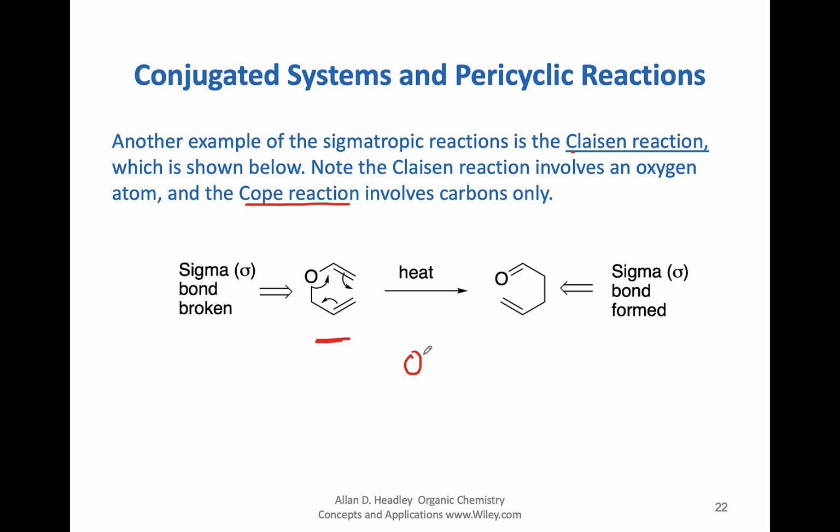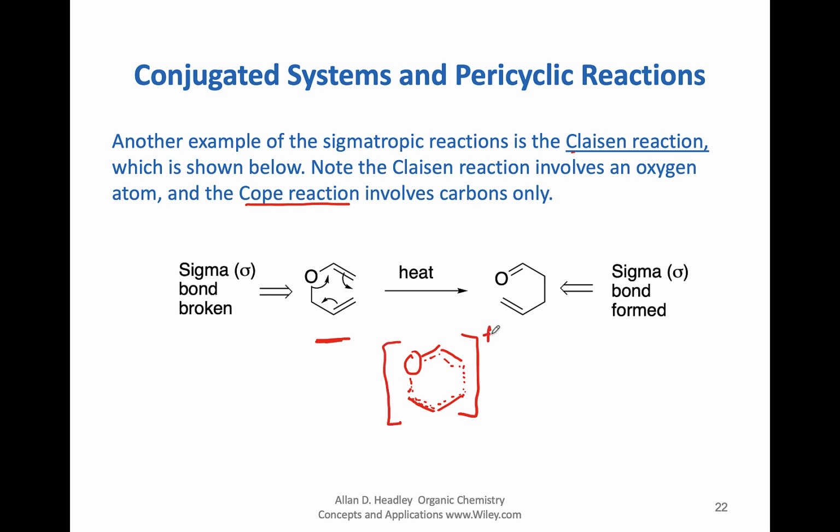And here we have a bond that's formed, and a bond that's broken, and a bond that's being formed, and a bond that's being broken right here. So this would be your transition state.